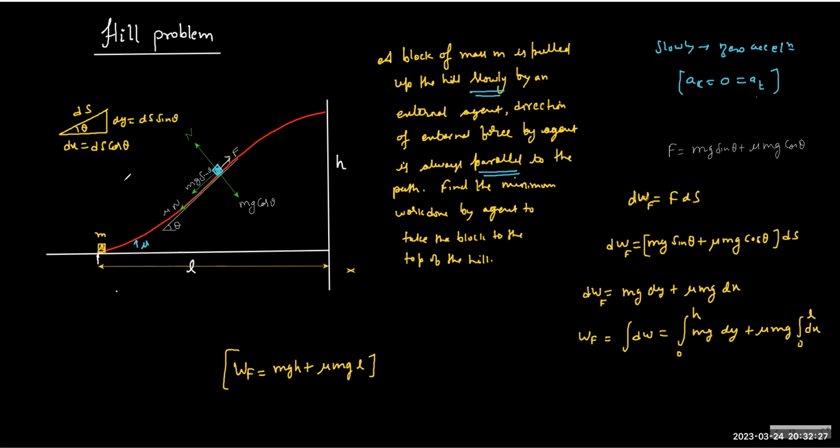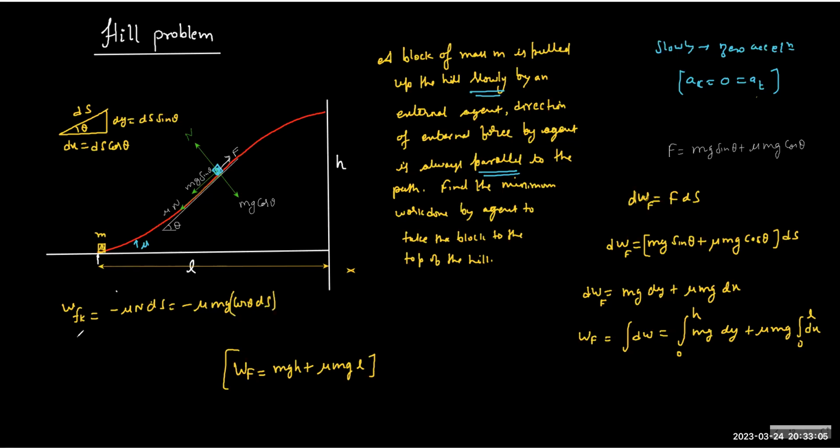So of course, we are not born with this thinking. We have to learn first. We have to see at least once, and then when you see it the next time, this will act as a concept for you. So when you are solving the same question next time, then definitely it will be very easy for you. And what we can draw as a conclusion about frictional work is this, that work done by kinetic friction, if you write only work done by kinetic friction, you can see it's minus mu N ds, which is minus mu mg cos theta ds.